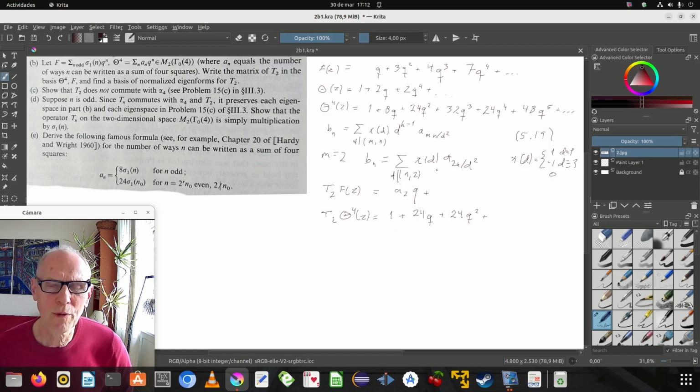Let's take one more. When n is 3, then we only have d equals 1. That's 6, a 6. Oh, I didn't write that. I would like to have it so that I can check. We can only get q to the 6th in one way.